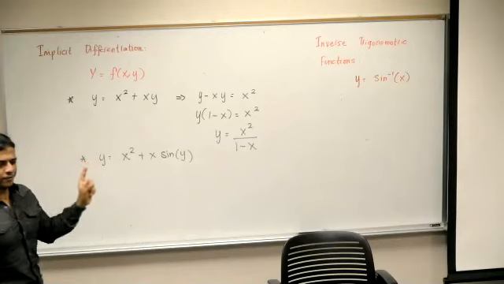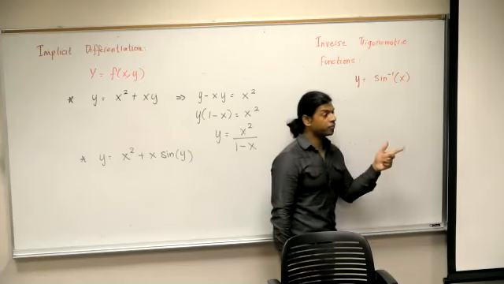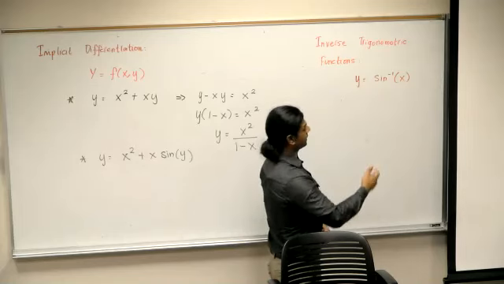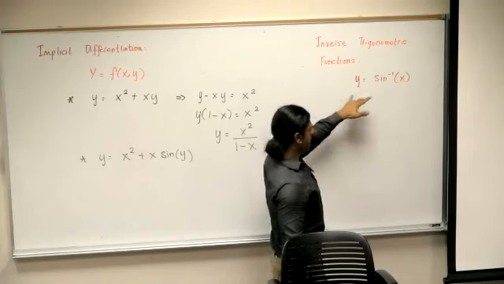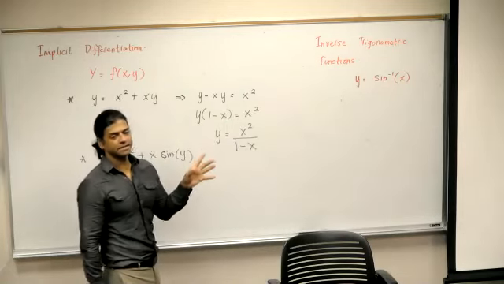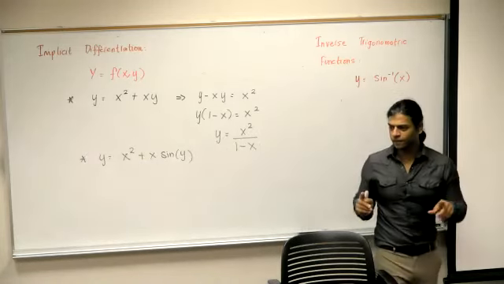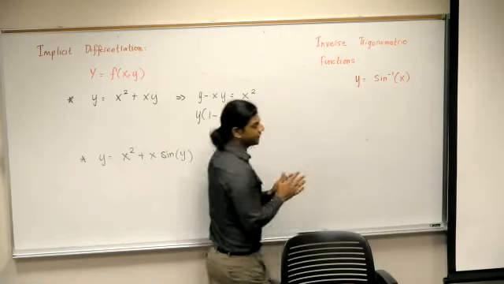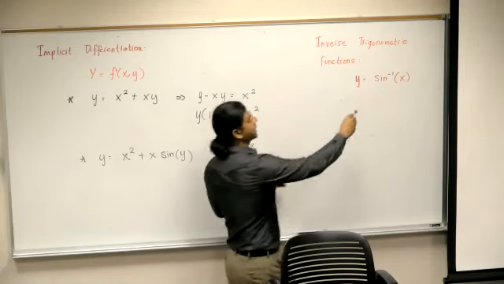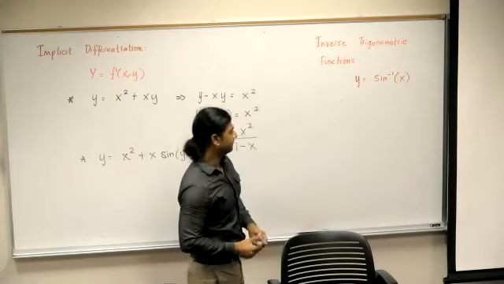Sine inverse of x is not equal to 1 over sine of x, because 1 over sine of x is cosecant x. So we can't write it as 1 over sine of x. So y is sine inverse of x, and we want to find the derivative of it. Sure, we may say I could use difference quotients and do a whole bunch of things and come up with an answer. We can, but it's going to be painful because we have inverse functions. So we are going to do it in a different way.